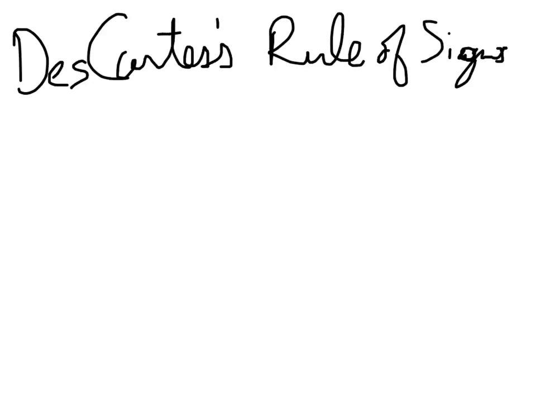Yesterday I gave you problems that said how many are you supposed to get, and you said 5 because the highest exponent is 5. Awesome. But today it's going to say how many of each type can we get. So how many positives, how many negatives, and how many imaginaries are we supposed to have. We're going to figure that out all based off of Descartes.